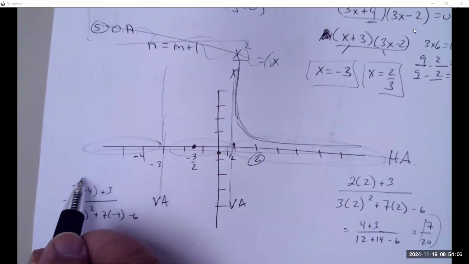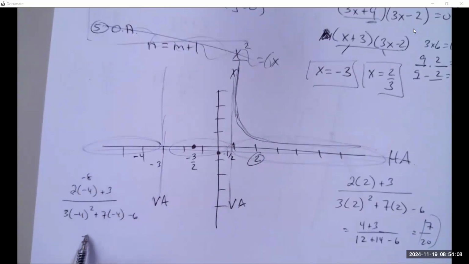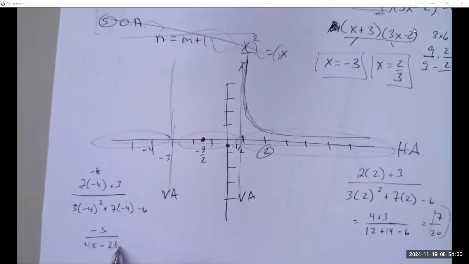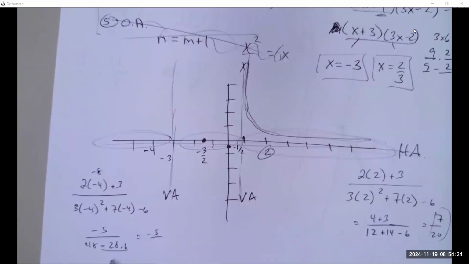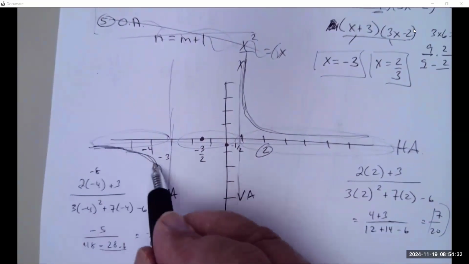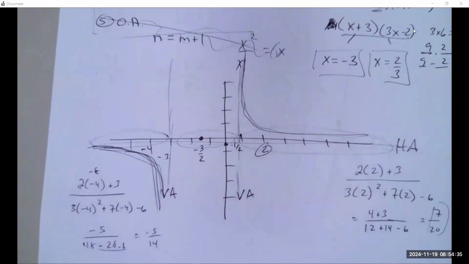So 2 times -4 is -8 plus 3 is -5. -4 squared is 16. 16 times 3 is 48. Minus 7 times -4 is 28. Minus 6. So the denominator is going to be 34. 48 is going to be positive, so it's going to be negative. So it's going to be down here. And it's always going to have that shape.